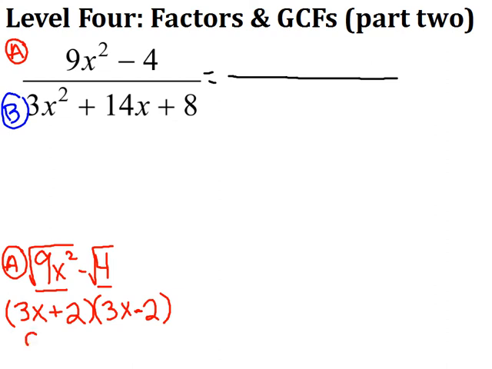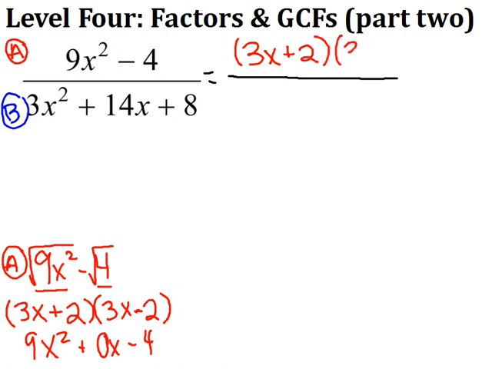We have seen it before where we have done 9x squared plus 0x as our b term minus 4, and you could still do the x method, just using 0 for b in the bottom and grouping and then simplifying that way. You'll still get the same thing. So 3x plus 2 and 3x minus 2 is our numerator.